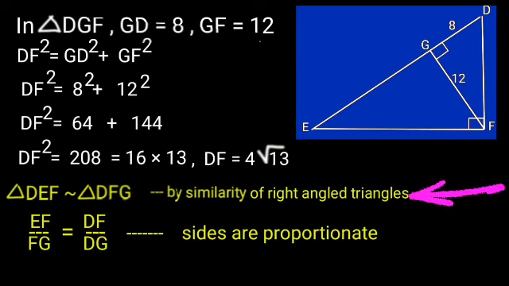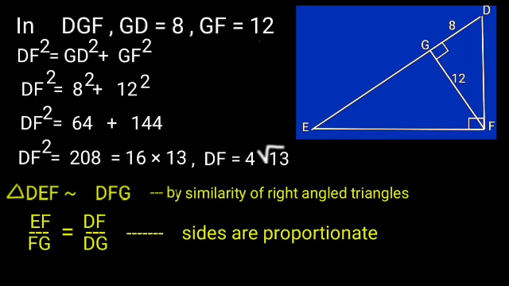Thus, in this triangle, three sides are known. By comparing similarity, triangle DEF is similar to triangle DFG by similarity of right angled triangles. Proportion side of DE is not required. Hence we take EF upon FG is equal to DF upon DG. The reason is sides are in proportion.